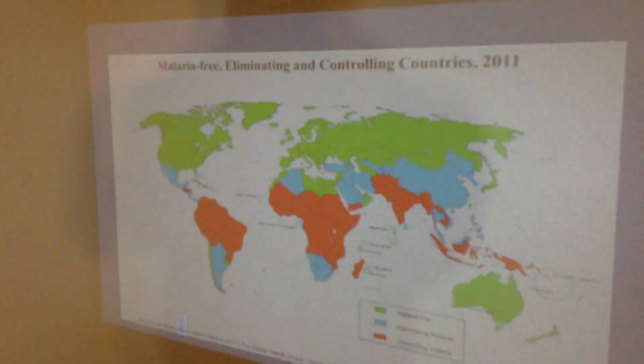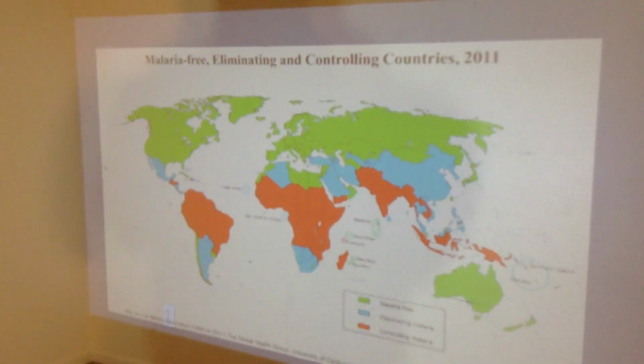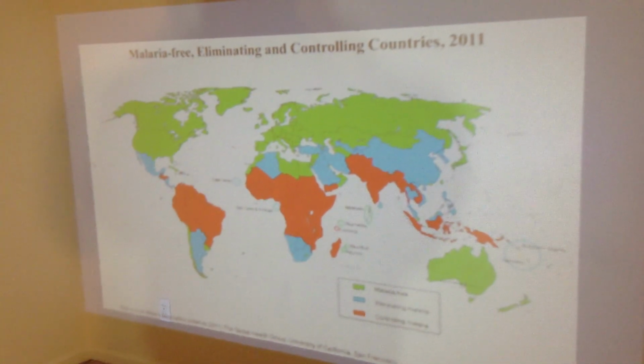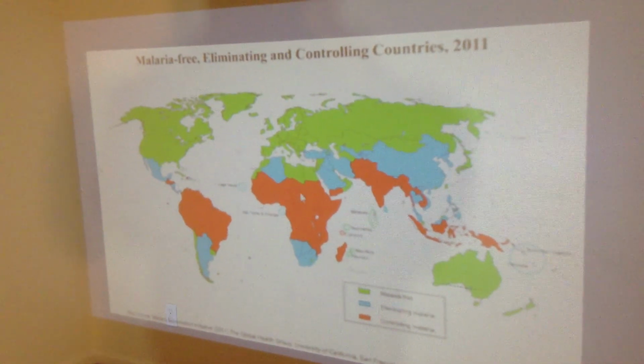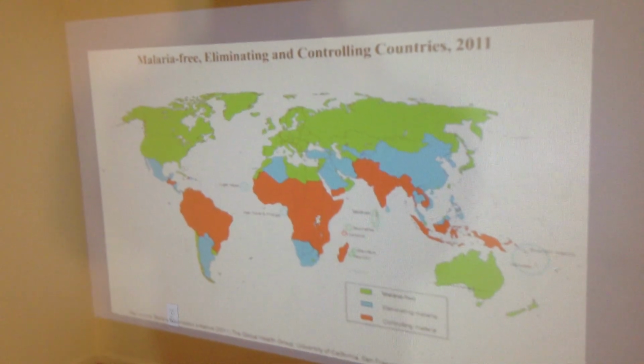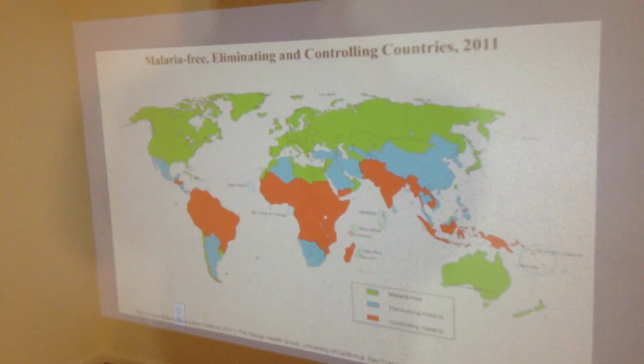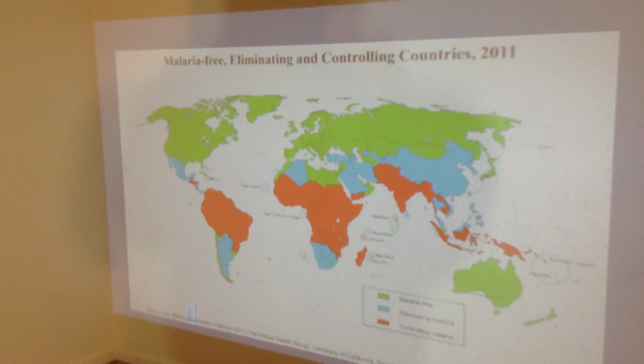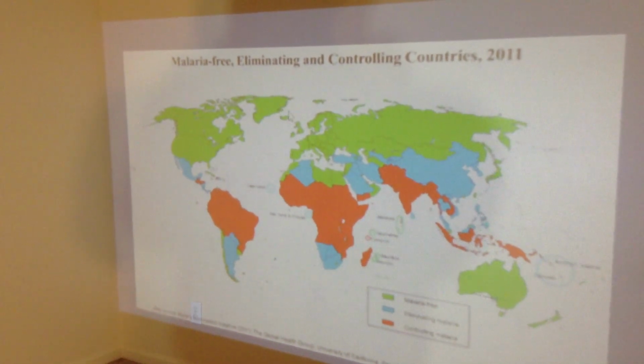Global distribution of malaria. As you can see on the map, the green region shows where there is no malaria. The red region shows where there are malaria endemic areas. And the blue is where malaria has been controlled.